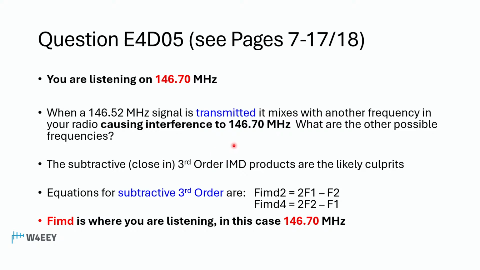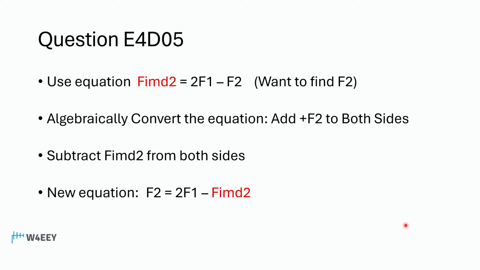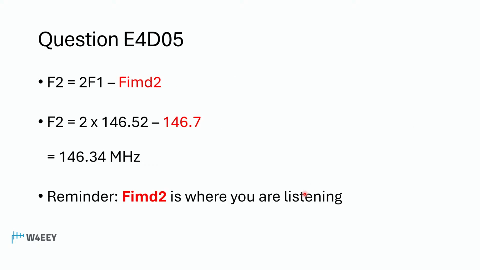What is that missing signal? Well, you can use these formulas here to calculate what that third frequency could be. And there are two solutions. You can take that equation, algebraically convert it, take it down to a new equation, do the calculations, and you find that one of the solutions is 146.34.